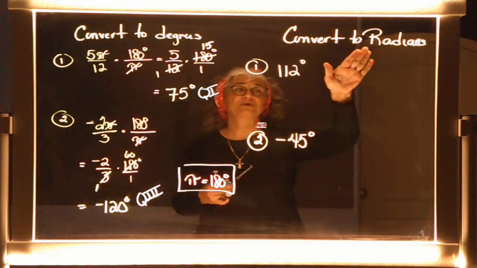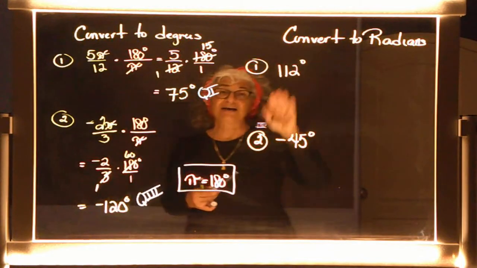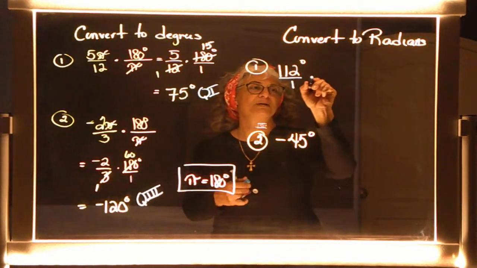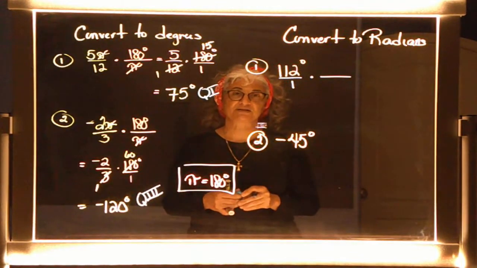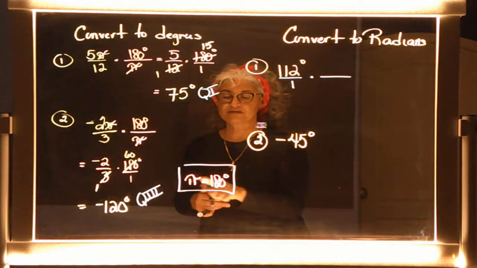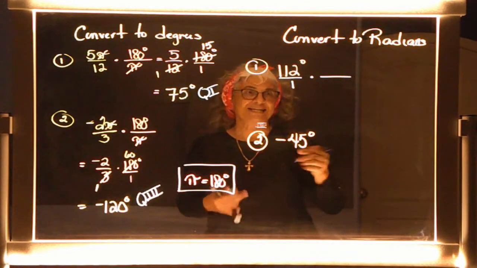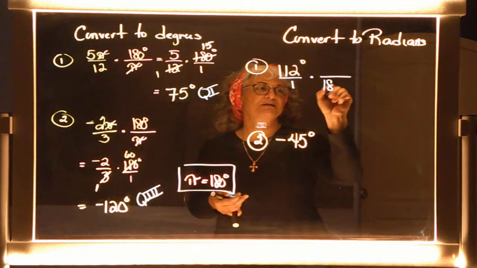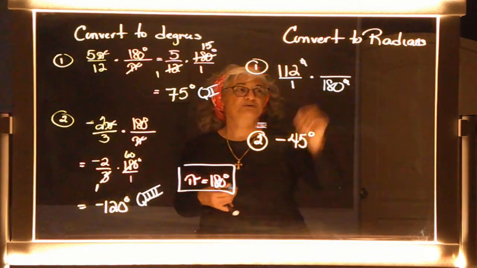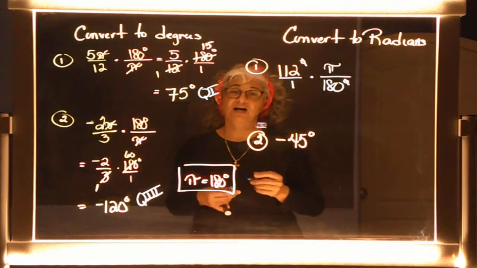Let's look at these next two problems. They want us to convert them into radians. I have them in degrees. So, same thing. I'm going to be multiplying fractions. Now I'm trying to get rid of the degrees, aren't I? So which one of these goes on the bottom? Yeah, the degrees goes on the bottom because degree cancels degree, which means the pi goes on the top.